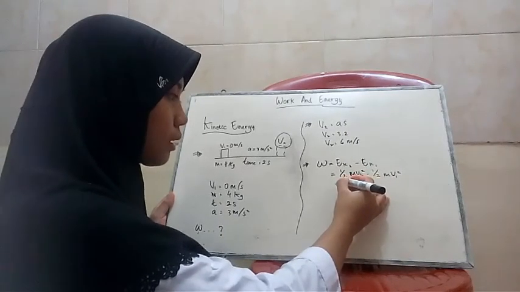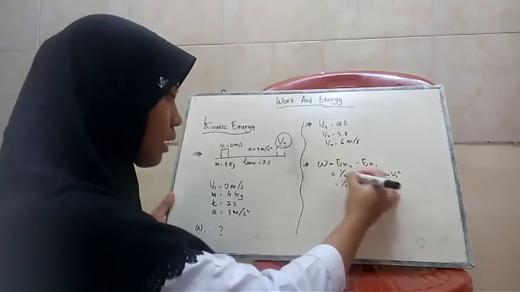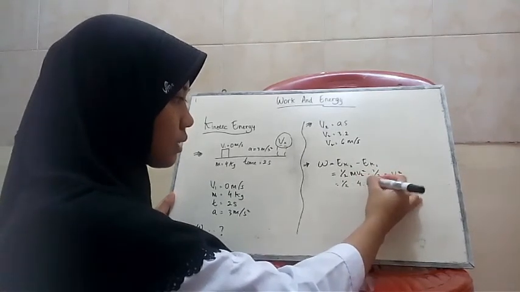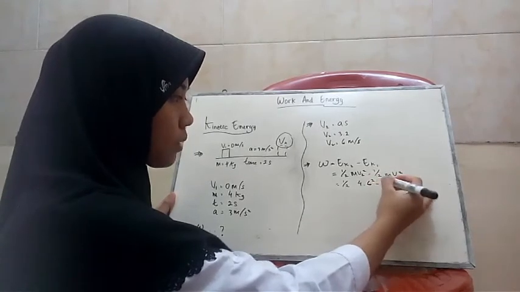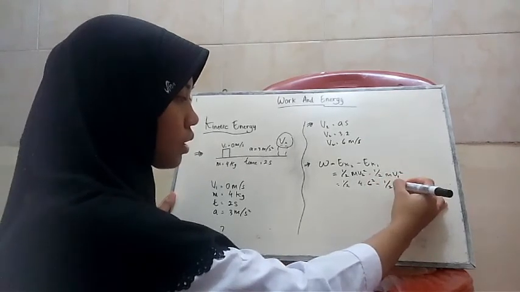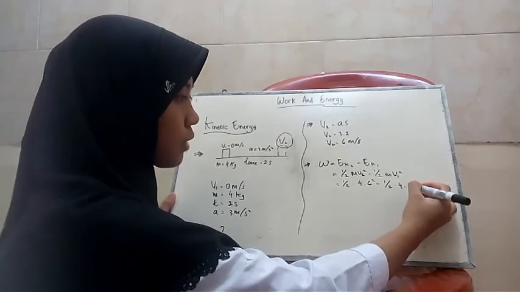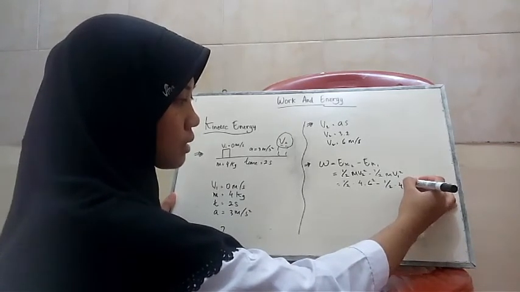Here 1 divided by 2 m is 4, V2 is 6 squared, minus 1 divided by 2 times 4, and V1 is 0.